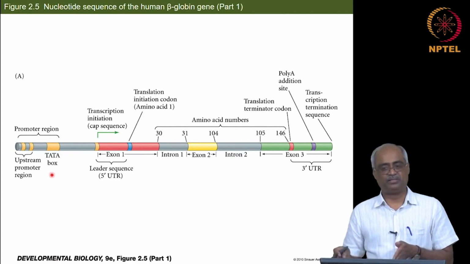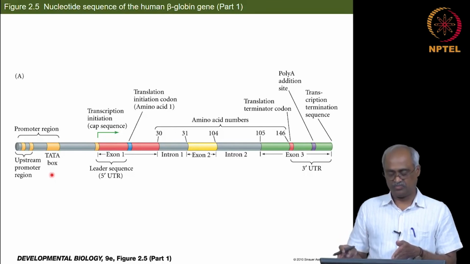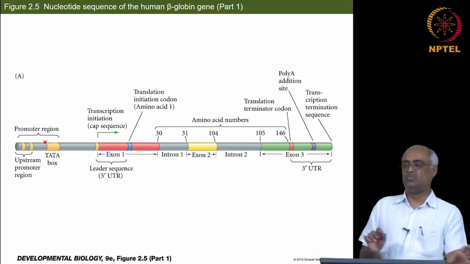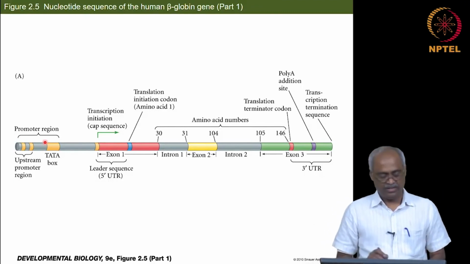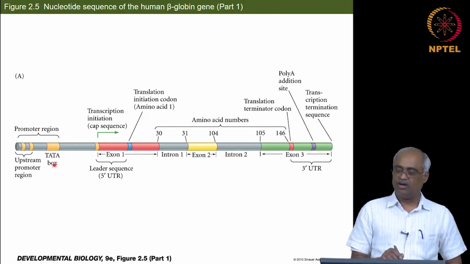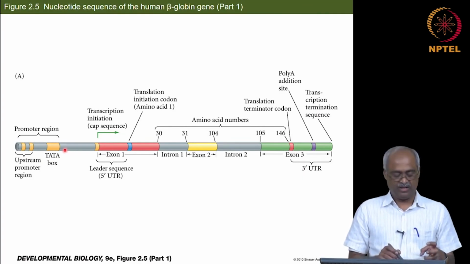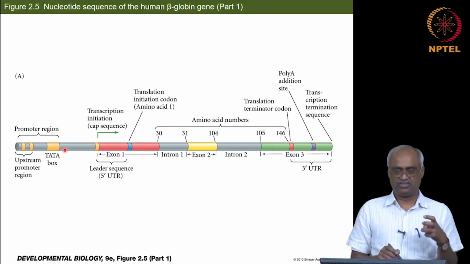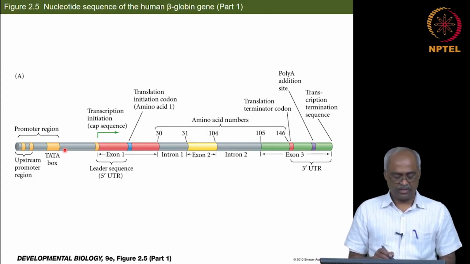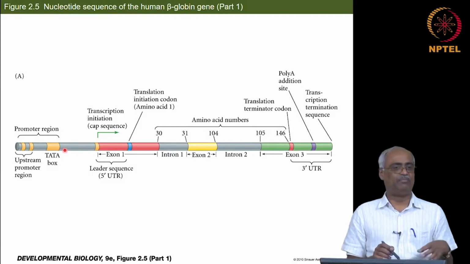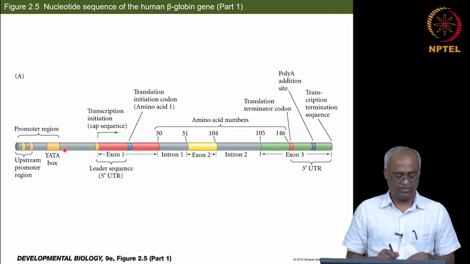ATG comes further downstream, at the end of the 5 prime untranslated region. The promoter region can have multiple parts in it, which we will discuss in detail as we go. The TATA box is one that is present in all promoters. These are core promoter sequences required for transcription of any gene, and there are special sequences that help in differential gene expression. We will talk about that when we go further.